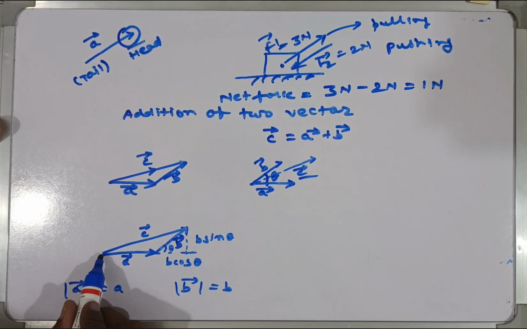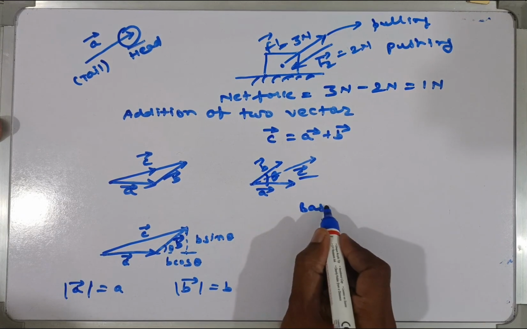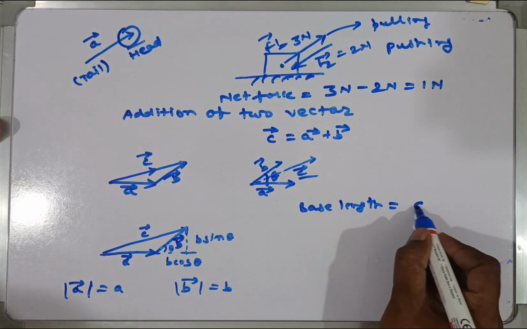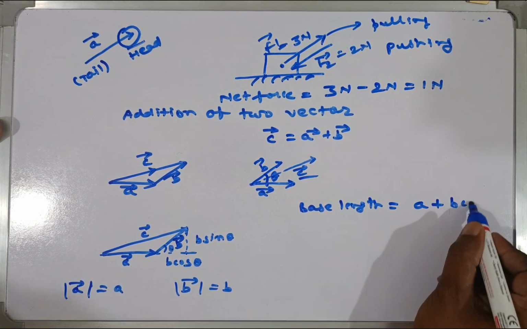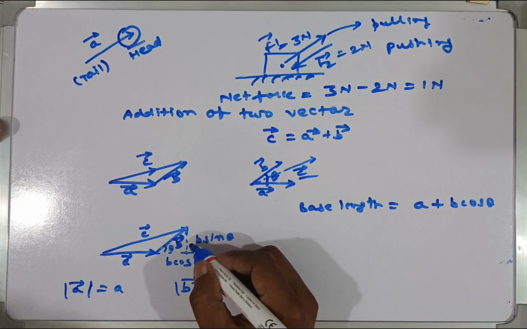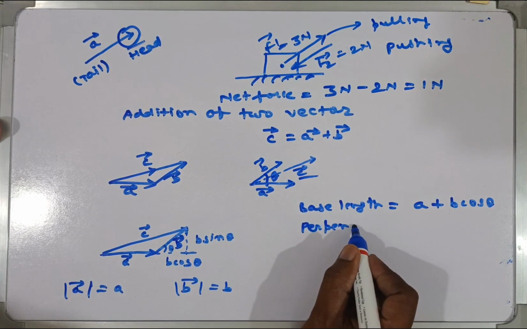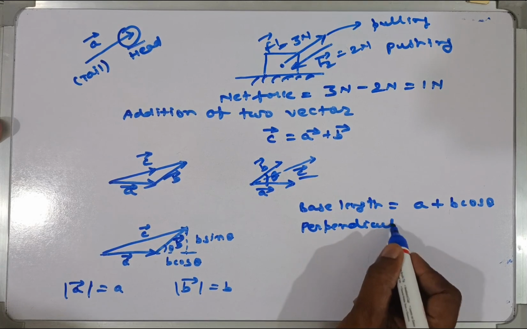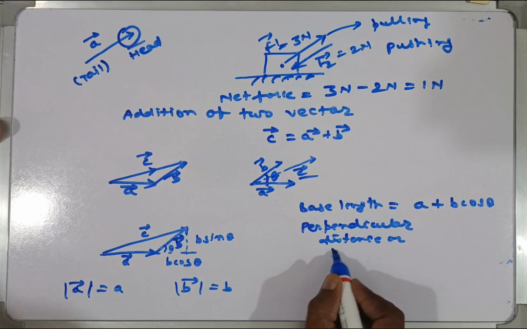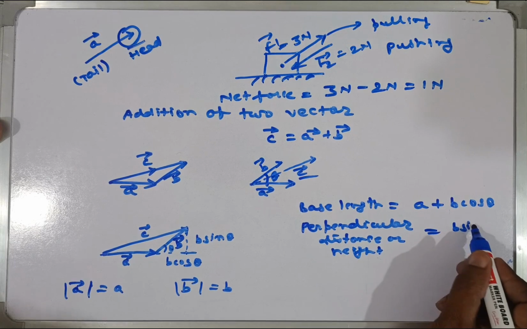So the total base length equals A plus B cos theta, and the perpendicular distance or height of this triangle is B sin theta.